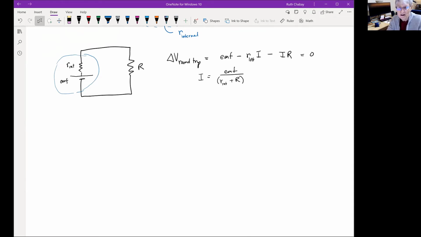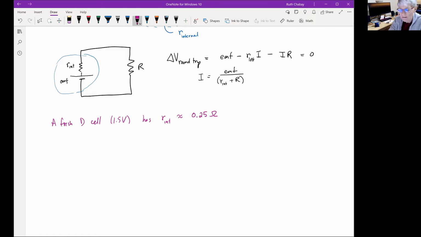So how does that play out in the real world? A fresh D cell, the big fat 1.5 volt batteries, has an internal resistance equal to about 1/4 of an ohm.